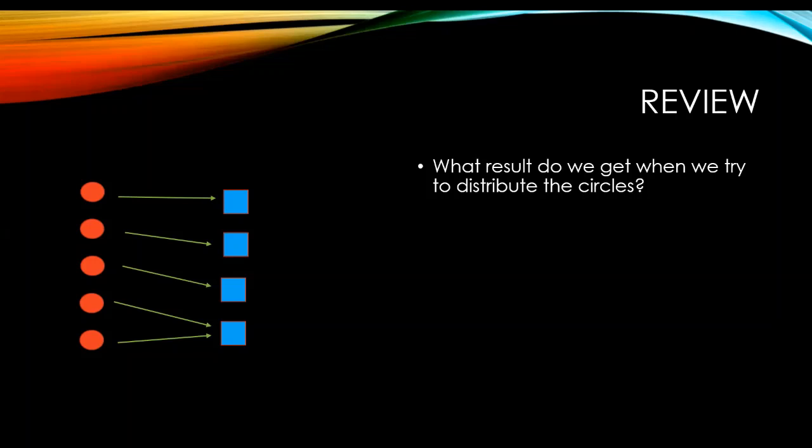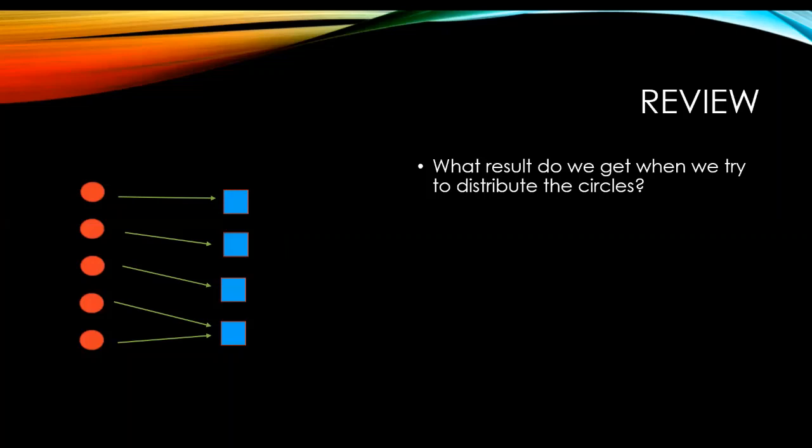Based on our two examples of how we arrange it, we could say that at least one square contains at least two circles.